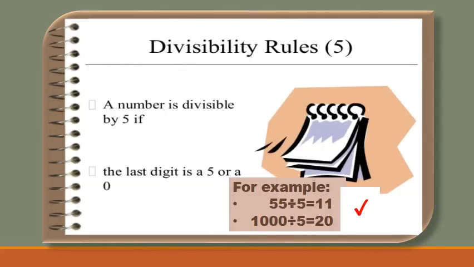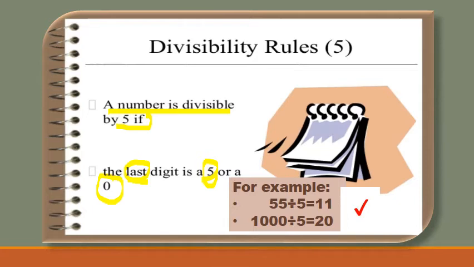Here is the divisibility rule for 5. A number is divisible by 5 if the last digit is a 5 or a 0. In other words, we can say a number is divisible by 5 if it ends with either 0 or 5.